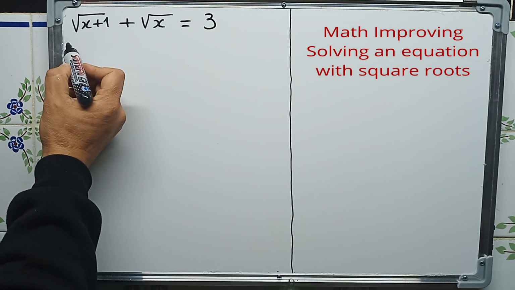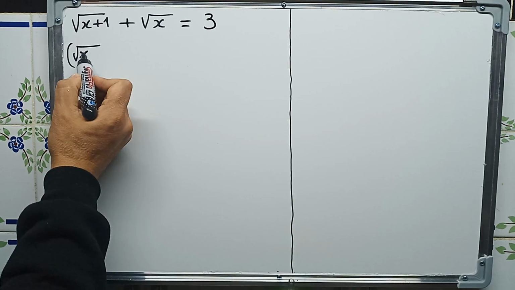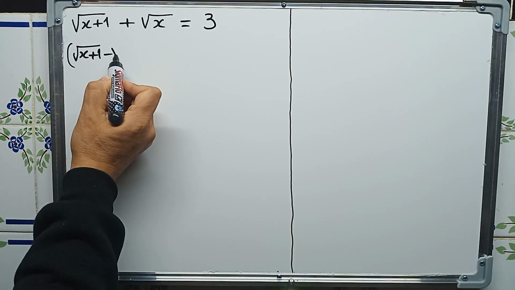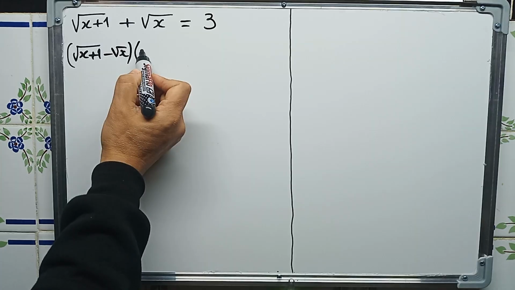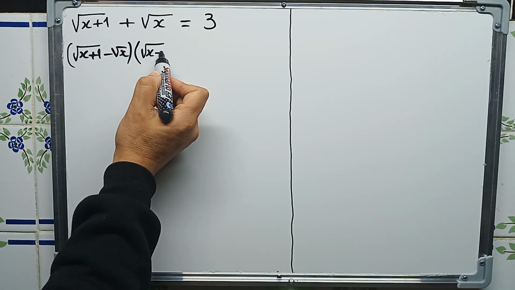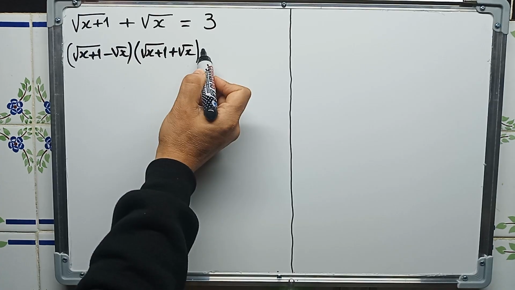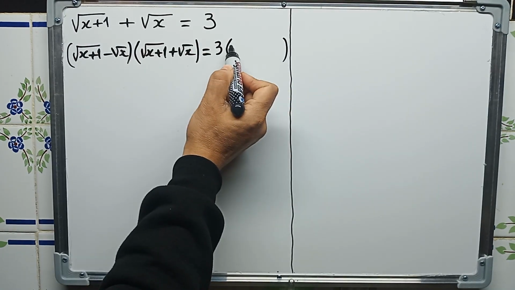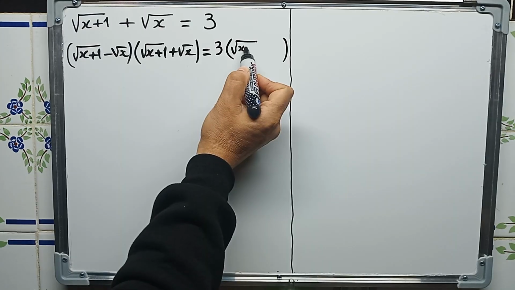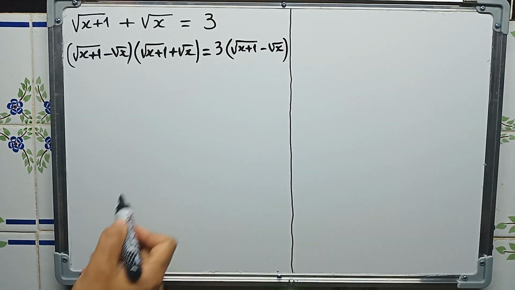Okay, the conjugate of this number is square root x plus 1 minus square root x. We multiply by it into two terms, so like this here, and 3 also. We multiply it by square root x plus 1 minus square root x.